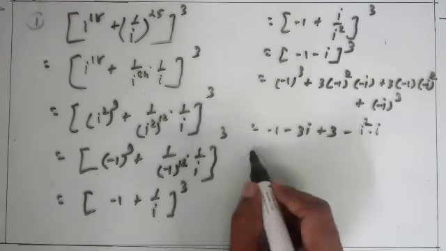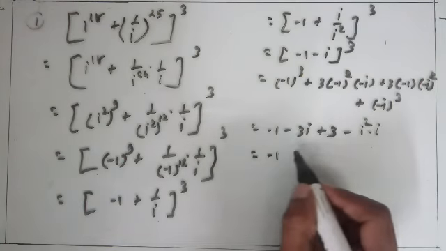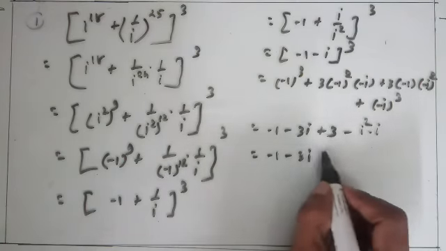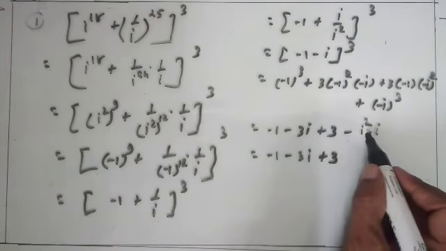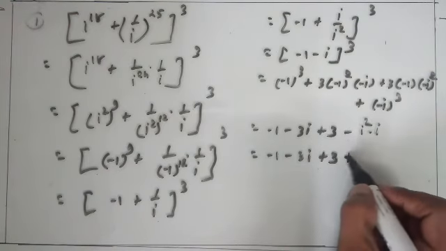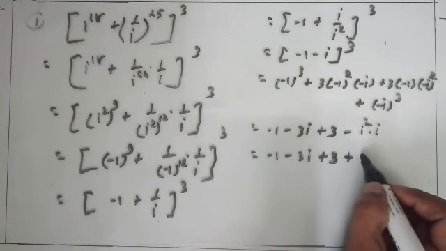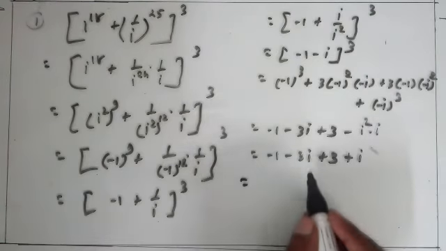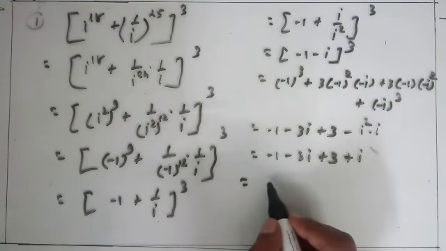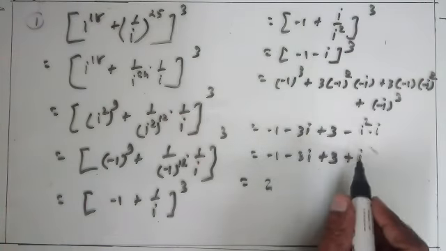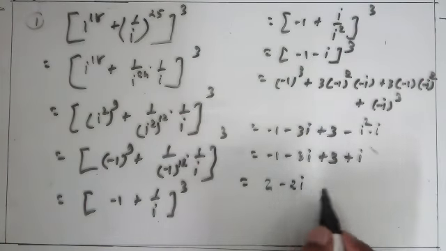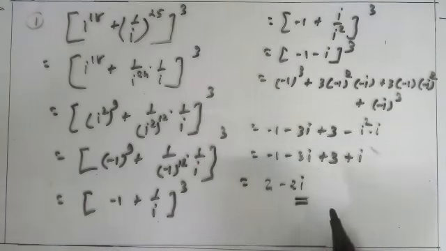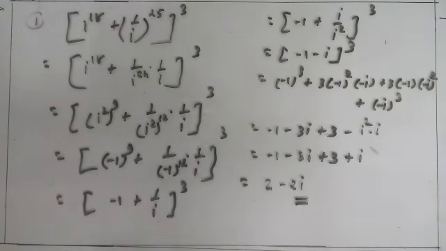So it is equal to minus 1 minus 3i plus 3 i square equal to minus 1, so minus minus plus into i. So it is equal to 3 minus 2, minus 1 becomes 2, minus 3i plus i becomes minus 2i.